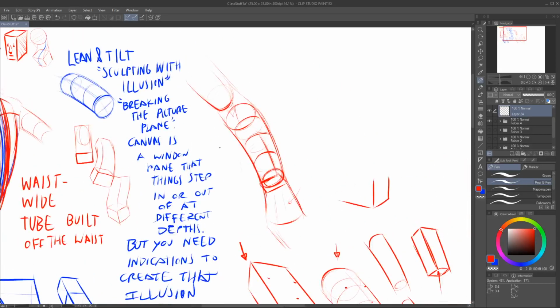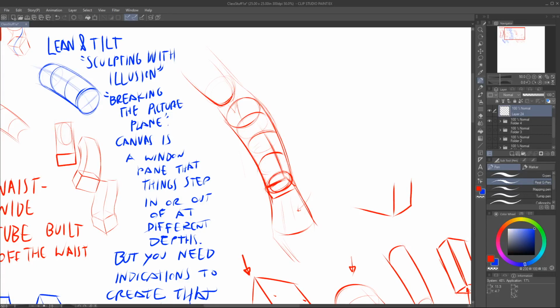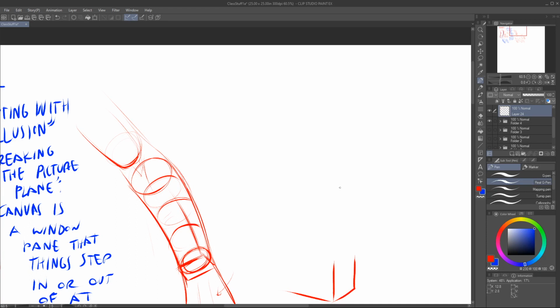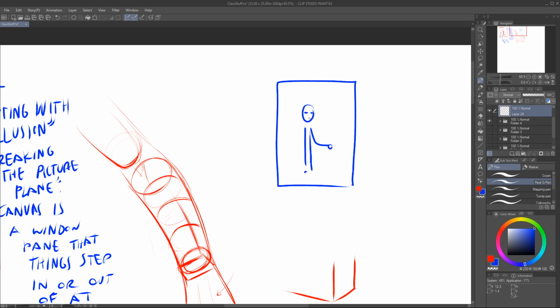Another key concept that I want you to wrap your heads around with all this that we're doing is the concept of breaking the picture plane. Here is the picture plane. It's a dude with a dog or something like that.